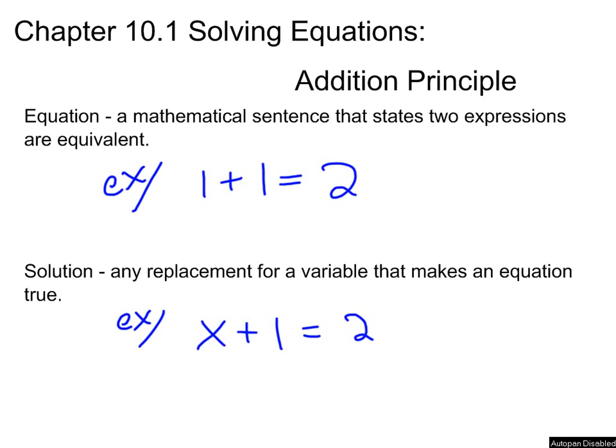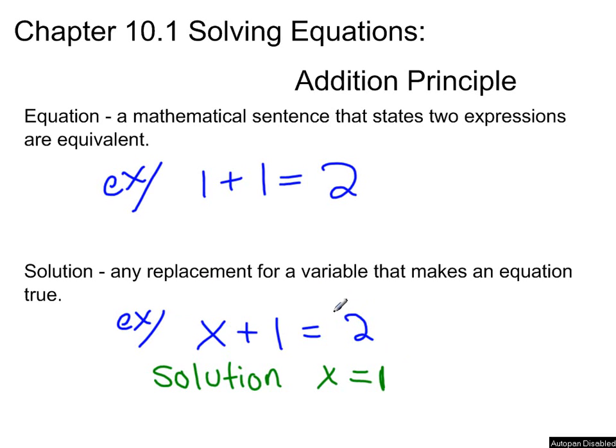Now a solution to this equation is going to say x equals a value that makes the statement true. And if we sneak a peek, 1 plus 1 equals 2, so the only solution for x is for x to equal 1. So x equals 1 is a solution. We can replace x with 1 and we'll make this statement true.